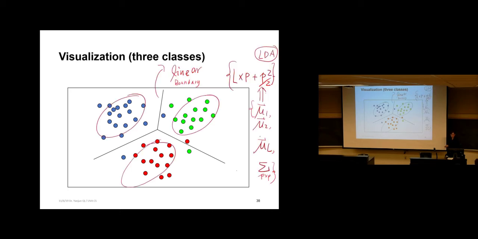Sorry, my handwriting sometimes looks bad. So again, the number of parameters you need to estimate is a mean vector for the first class, second class, until the nth class, and then plus just one shared covariance matrix. And the number of parameters is OLP plus P quadratic.